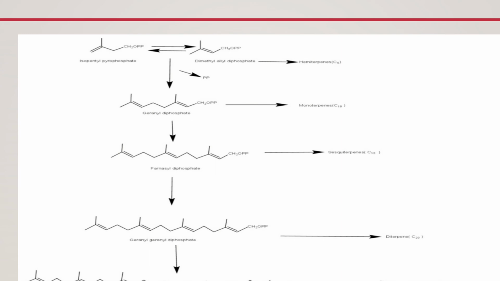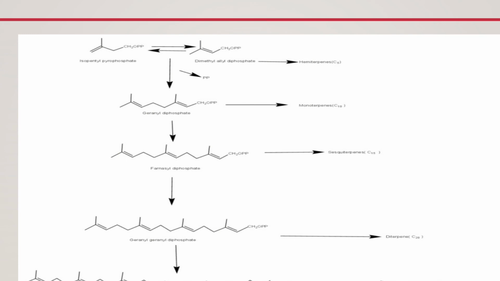So these are the examples, and in this way two molecules of acetyl CoA are combined, and the different terpenoids are synthesized. This is the acetate mevalonate pathway.